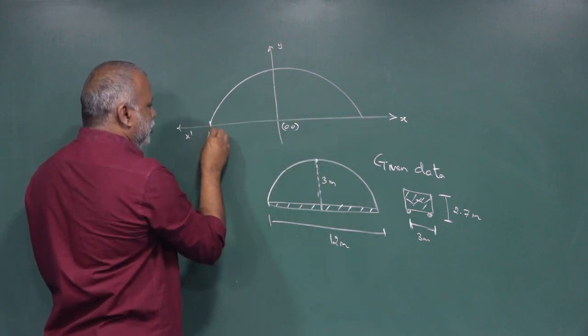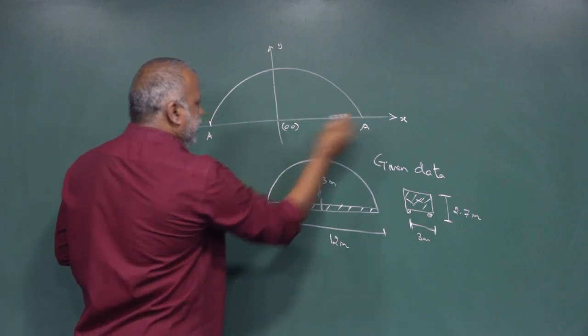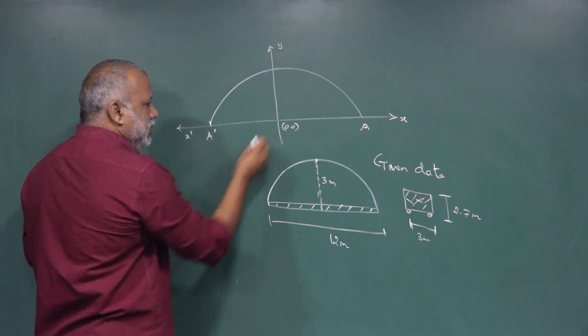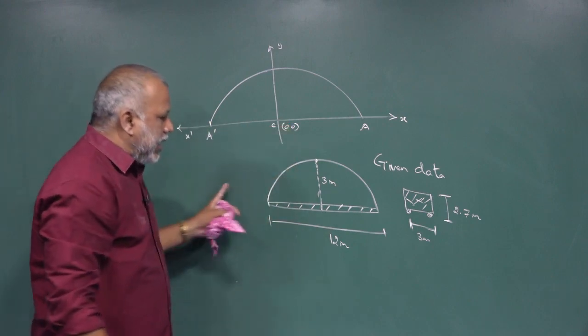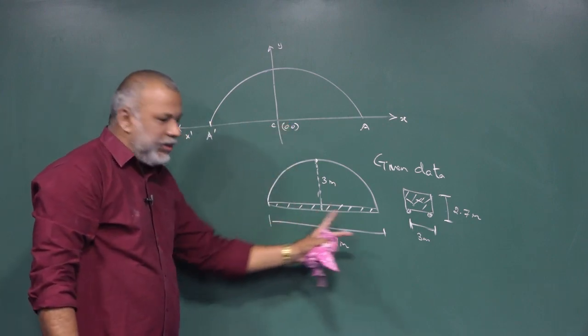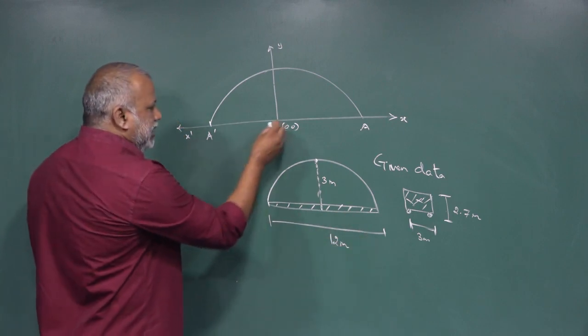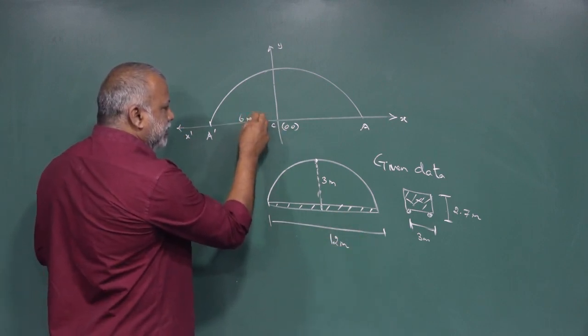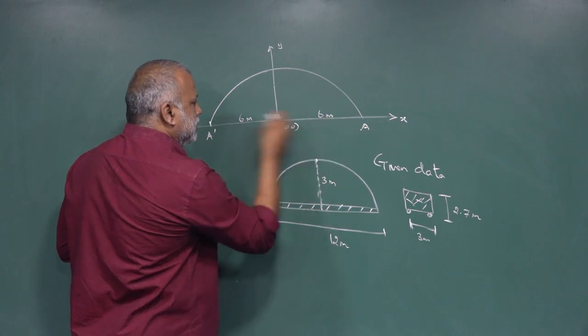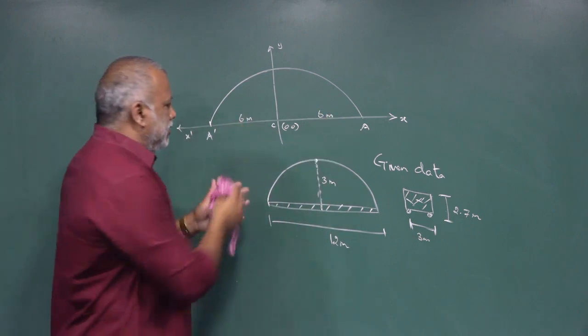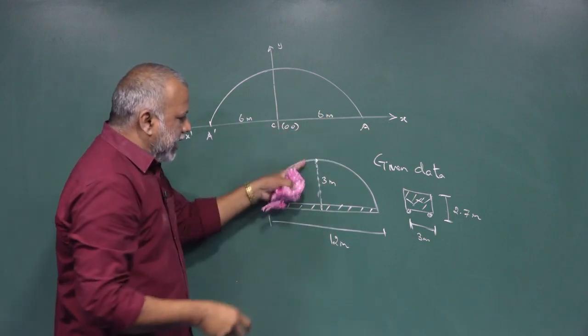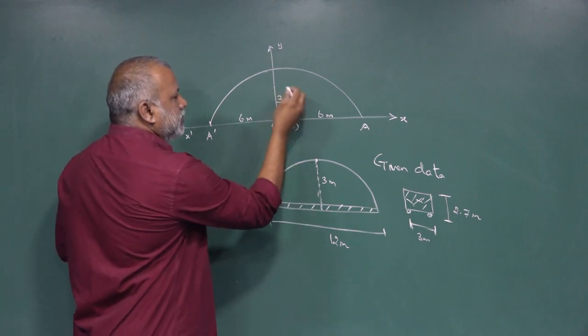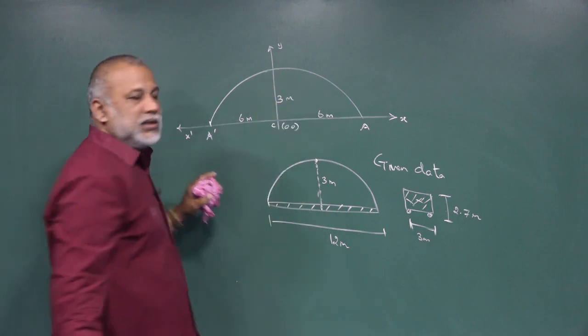So now this should be A, see here A and A dash. It should be the center. As per the given data, 12 meter width can be converted as 6 meter. Here also 6 meter. Then the height is 3 meter.